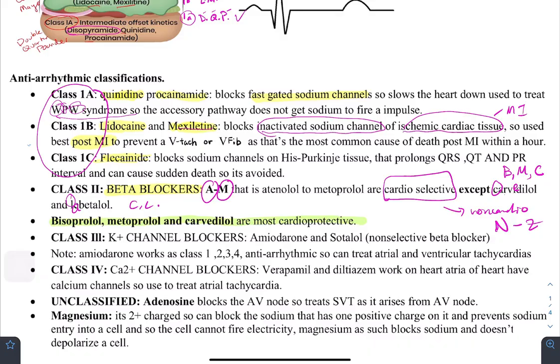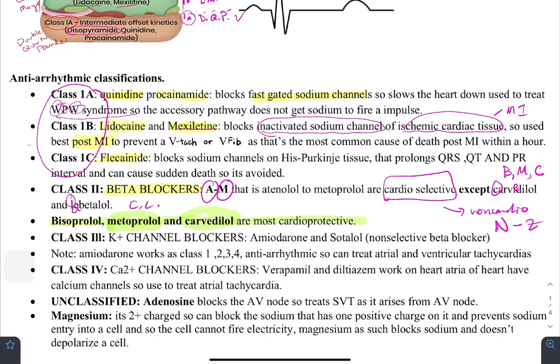And you could see the reason why. Bisoprolol, metoprolol, and carvedilol. You could see the other reason why they are mostly prescribed. Metoprolol, carvedilol, they are the most cardioprotective because they are non-specific, non-cardioselective. Beta 1, beta 2, alpha 1.